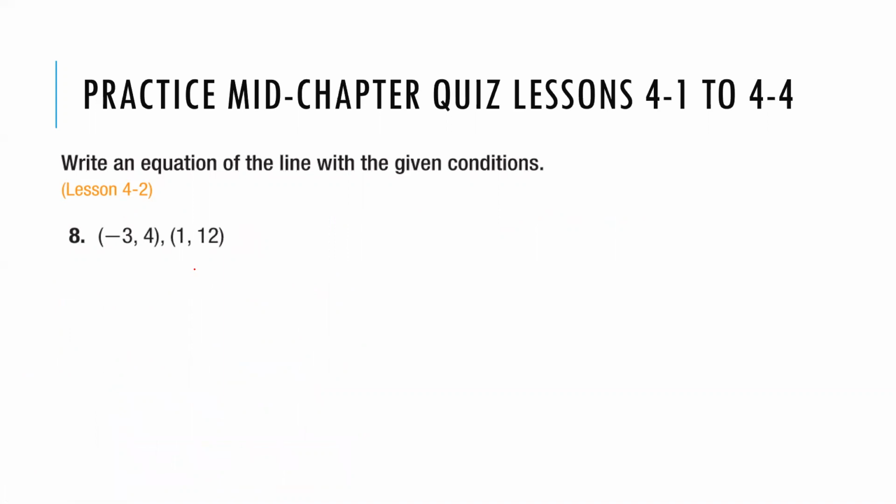All right. So here it says to write an equation of the line with the given conditions. Now here you are given 2 points, right? Well, if you have 1 point already, all you need is a slope, and then you can use the point-slope form, right?